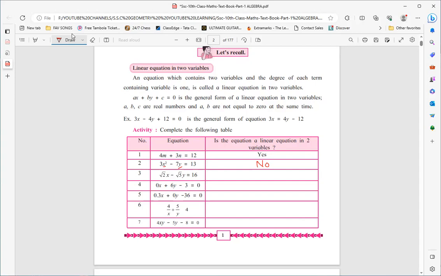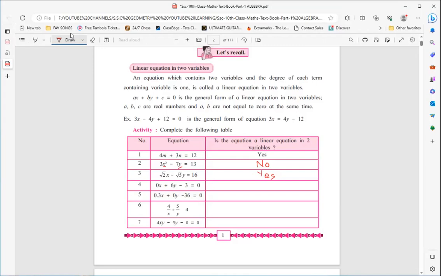The condition is that the degree of the two variables must be equal to 1. What about this one then? Root 2 x minus root 5 y. The variables x and y are there, and both of them have the index as 1. So this is a yes.